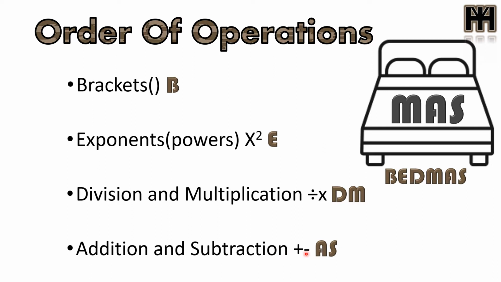But for solving an equation with an unknown, we work with these steps in reverse, which means we start from the addition and subtraction, then the division and multiplication, then the exponents, then the brackets. So you start from down to up. We might say SAMDEB, not BEDMAS. Start from the last to the first. Okay, to be more clear, let's see the examples.